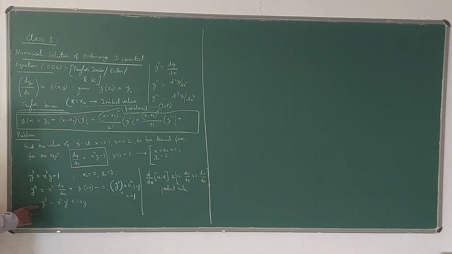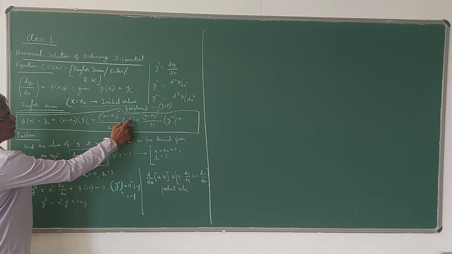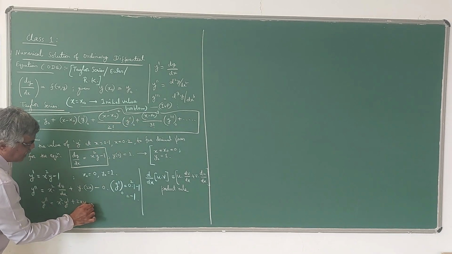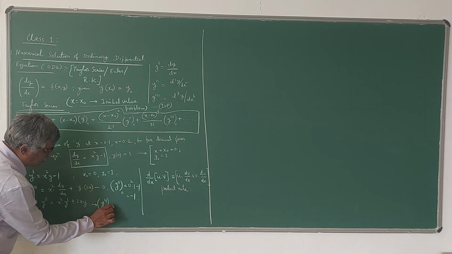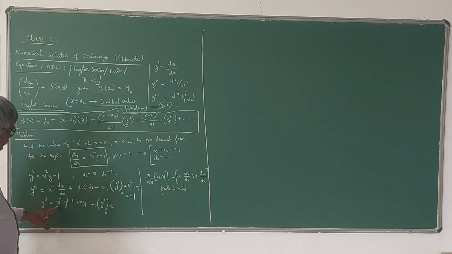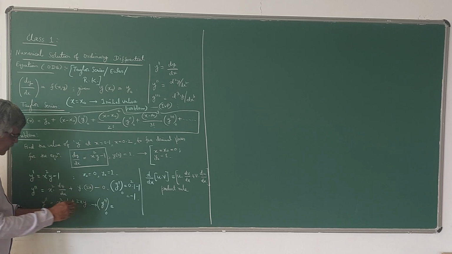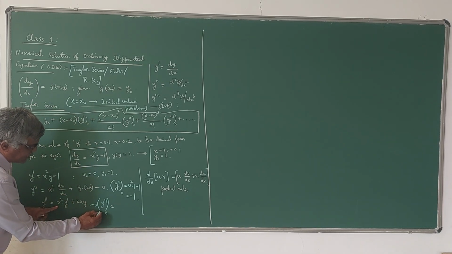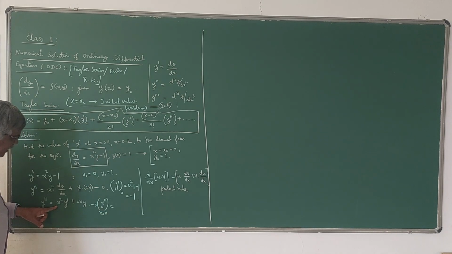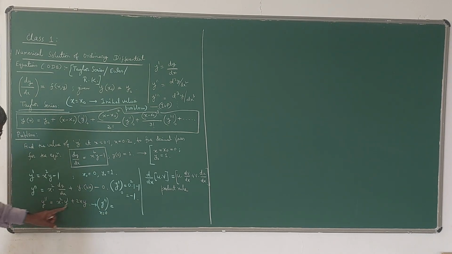Similarly, the value of y double dash naught, I need that also to substitute here. So y double dash naught is equal to. Now I have to put the value of x here. That means the meaning of this is at x is equal to 0. At x is equal to 0, I need this value.